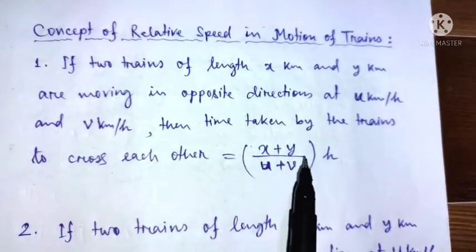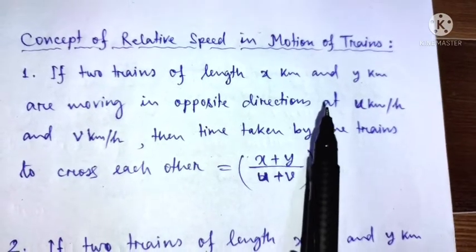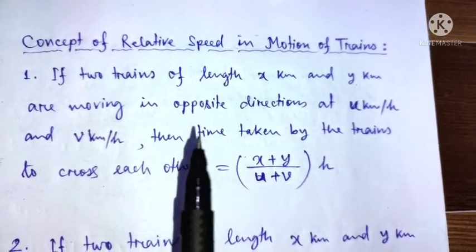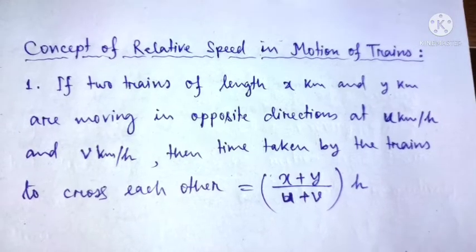So this is the time taken by the two trains to cross each other when they are moving in opposite directions.